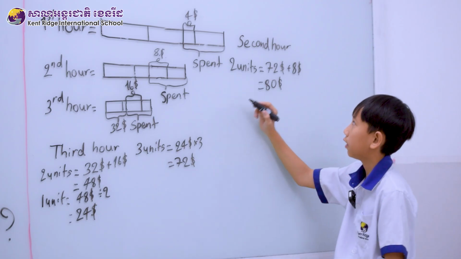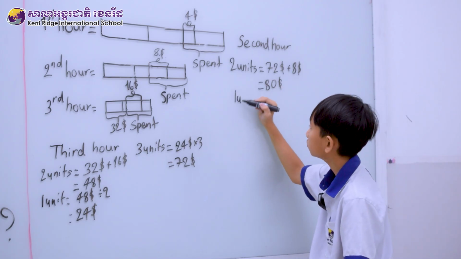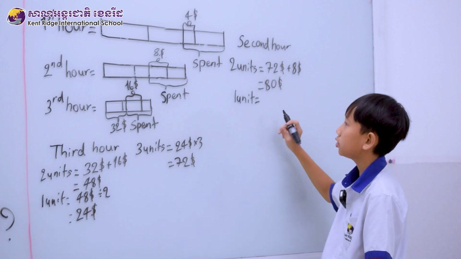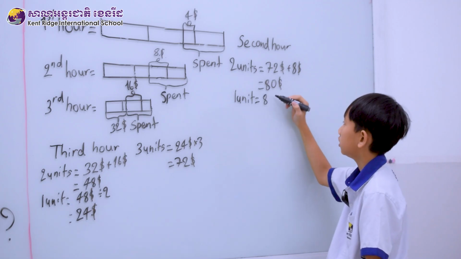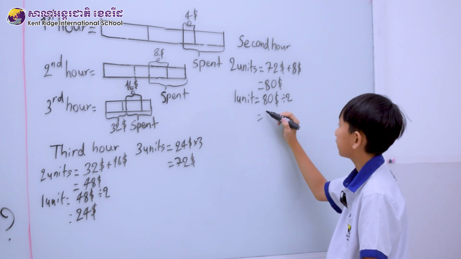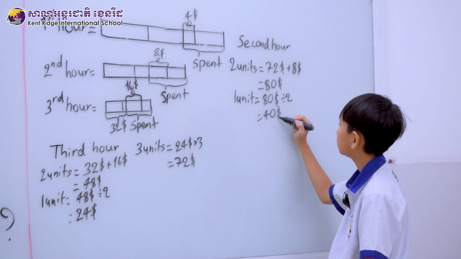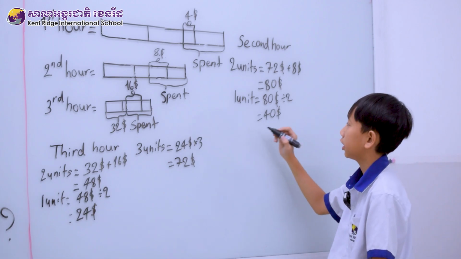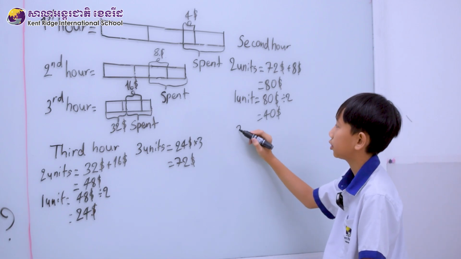Now let's find 1 unit of the second hour. To find 1 unit, we take 80 divided by 2, and we will get $40. Now, to find the total money of the second hour, we take 40 times 3 because there are 3 units.